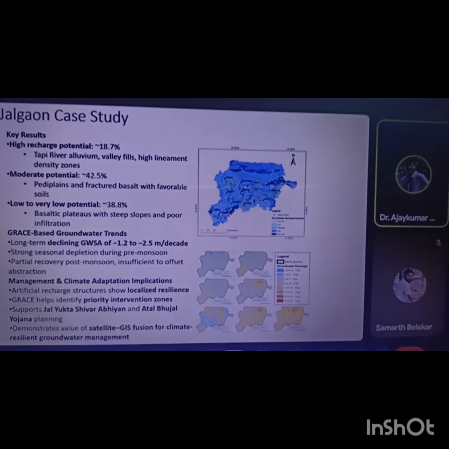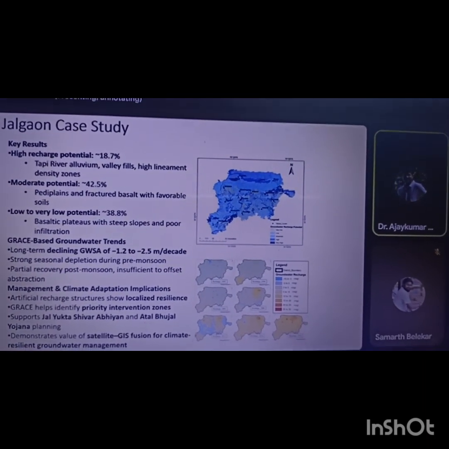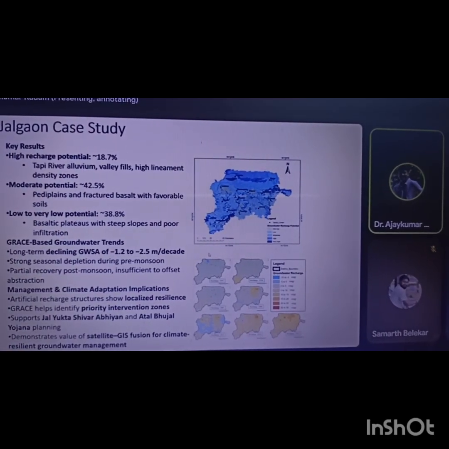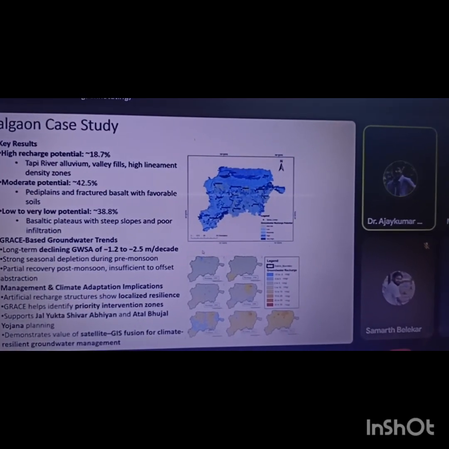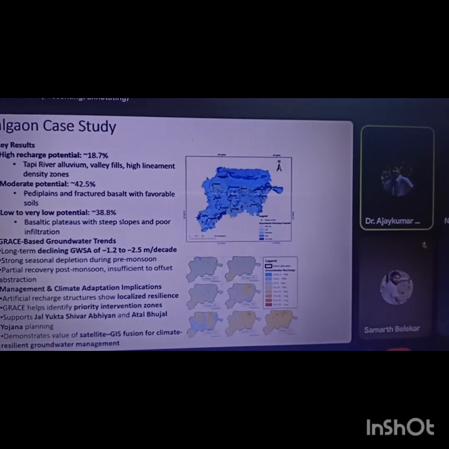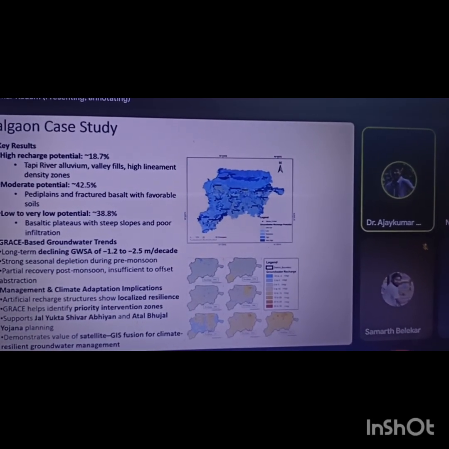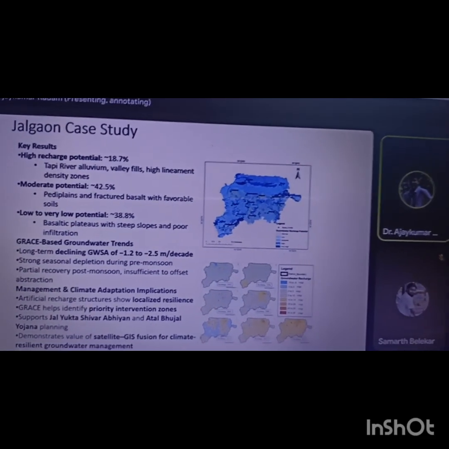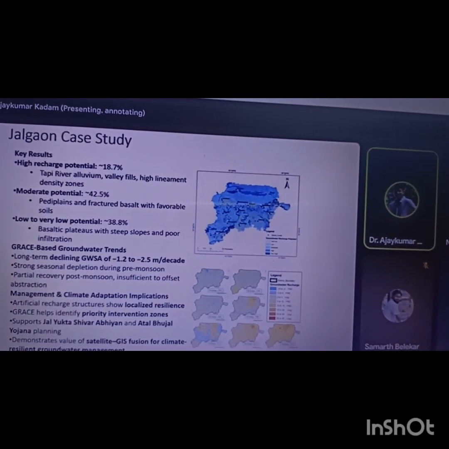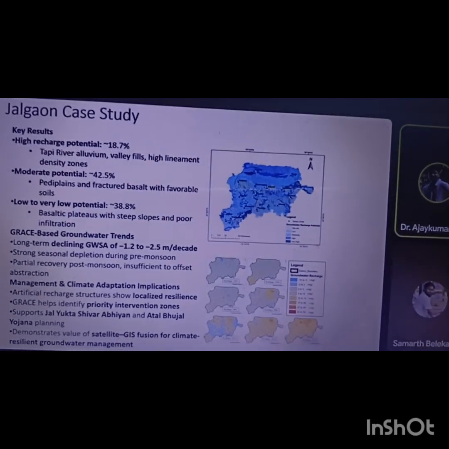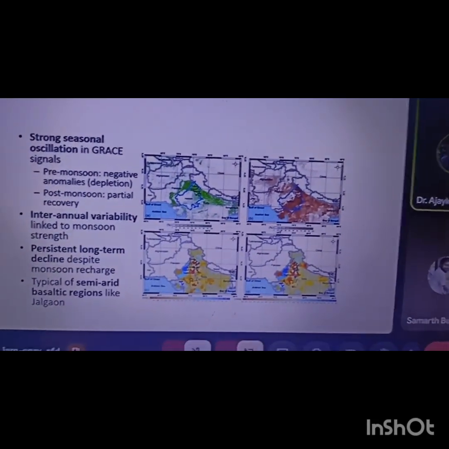So for that area, the density will be higher, the potential of recharge will be more, and groundwater potential will also be more. In the alluvium area, as it is near the river, water potential will be more. There is moderate potential in the pediment part, and the lower potential will be in the basaltic plateau, where there is a steeper slope and less infiltration. This analysis you can do in the GIS background.